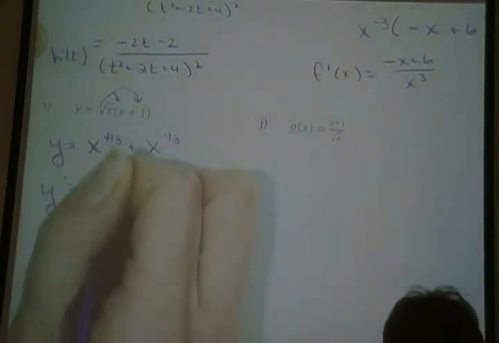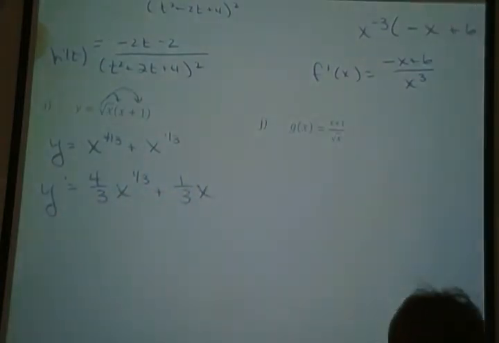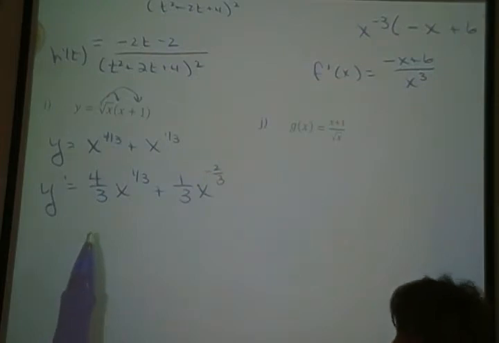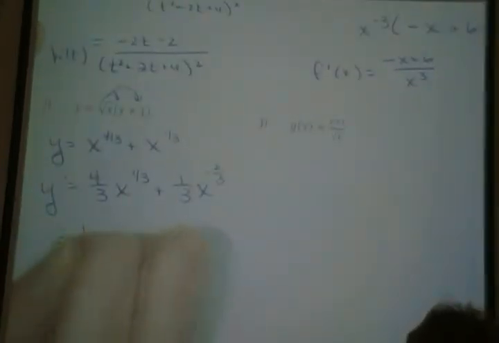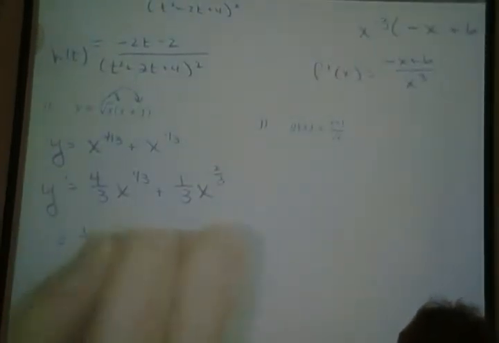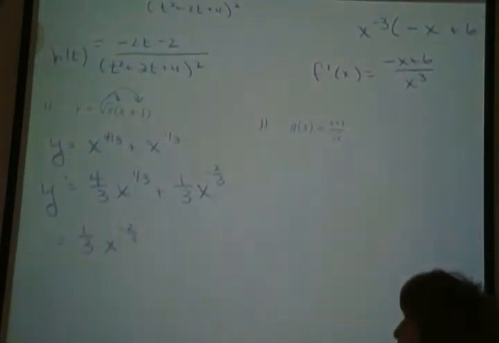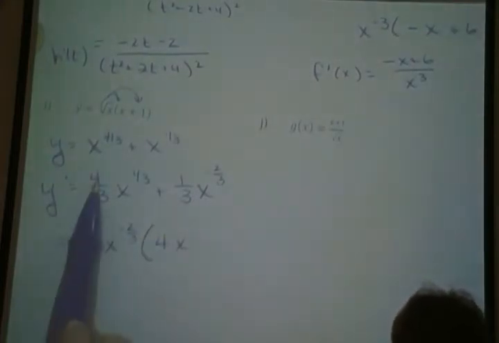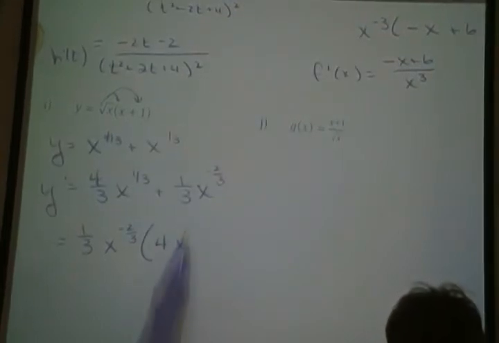Its derivative is 4/3 x to the 4/3 minus 1 plus 1/3 x to the 1/3 minus 1. Because my exponent here was less than 1, I went negative. So I'll simplify it by pulling out the 1/3 that they both have and the lowest degree on x, and I'll be left with 4x, the 4 from here, and 1/3 minus negative 2/3 is 1, x to the first, plus 1.